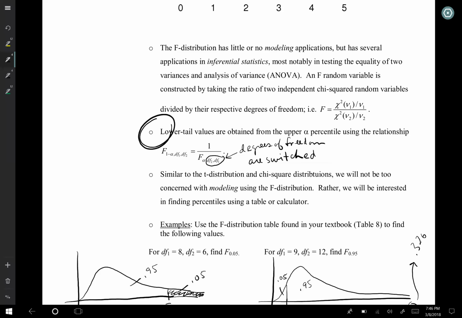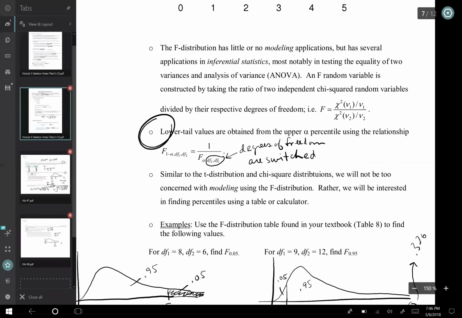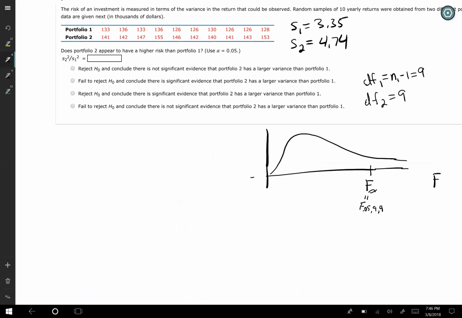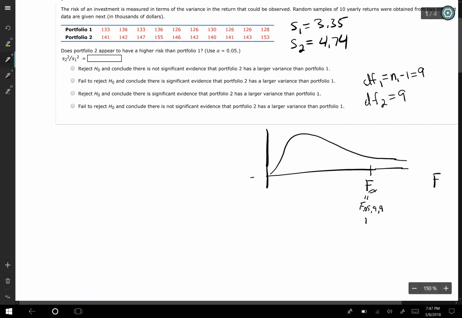That's just using a table, and it helps you get lower tail percentiles in addition to upper tail percentiles. In practice, if you were to use Minitab or JMP or even Excel, you would just let them find those for you. But coming back to this one, did you find this quantity okay? Yes, I did.